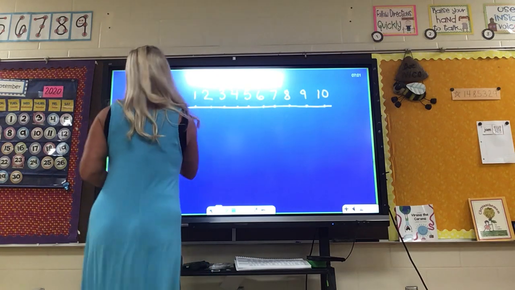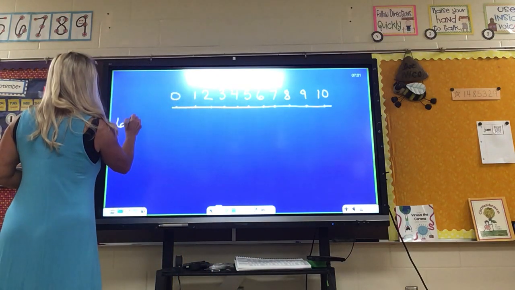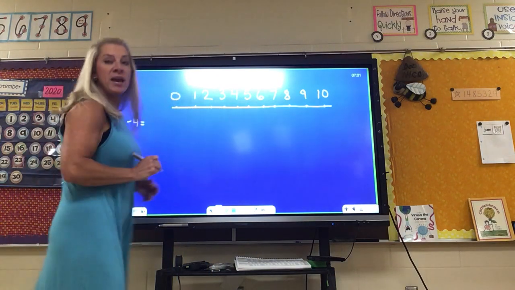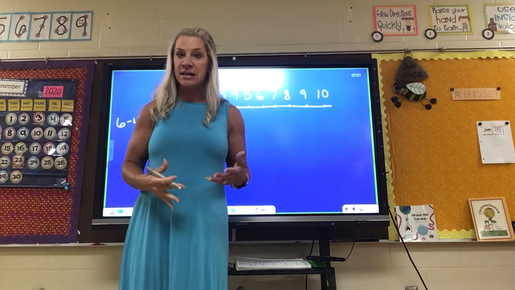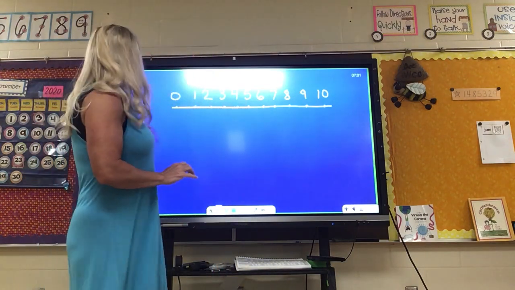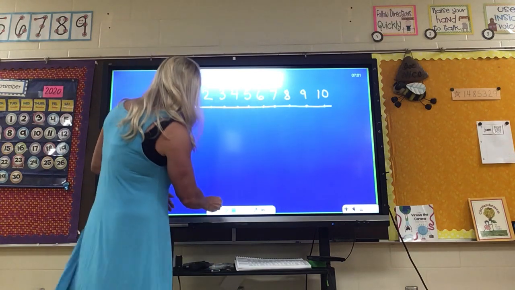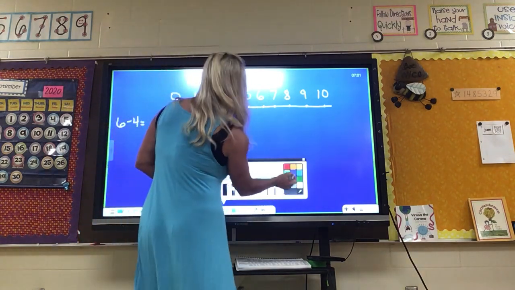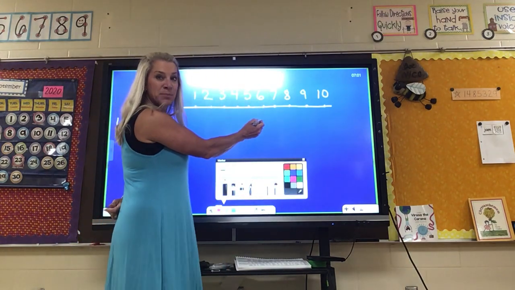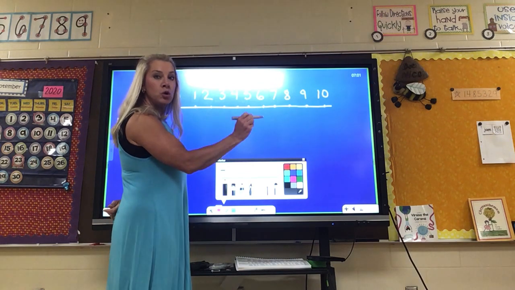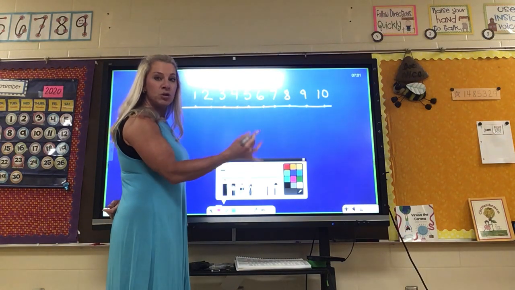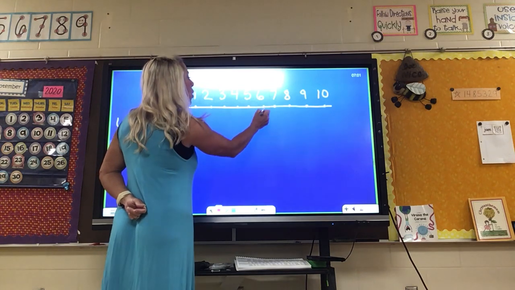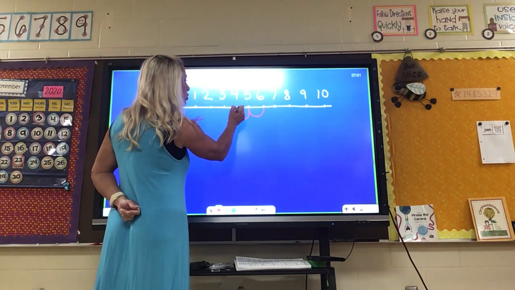So let's do that same problem over here. 6 take away 2. Now we already know the answer is 4, but let's see different ways to get that answer. All right, so I started off with 6, so I will start with 6. Let me do a different color so you can see it a little better. I'm going to start at the 6 because I have 6. 2 went away. I gave 2 of those dollars to my little brother. 1, 2.